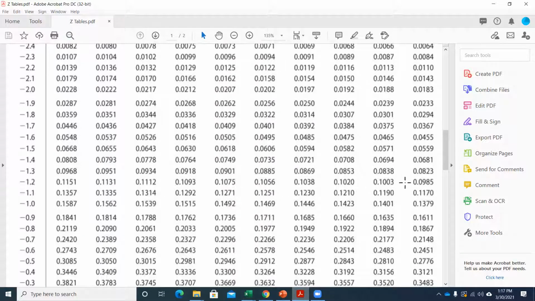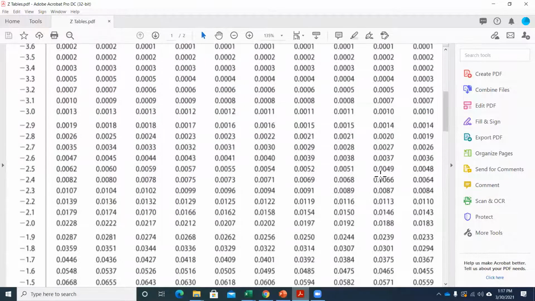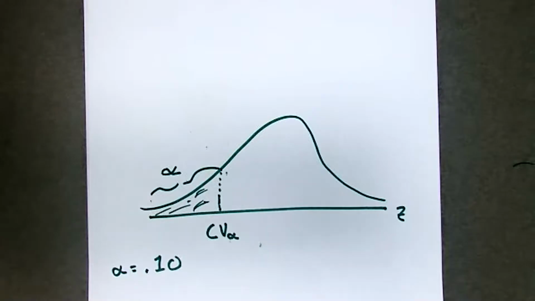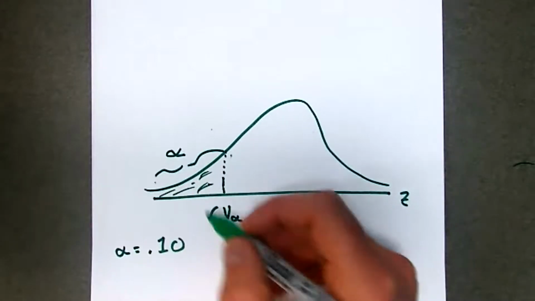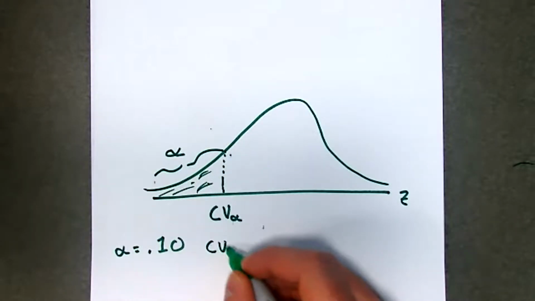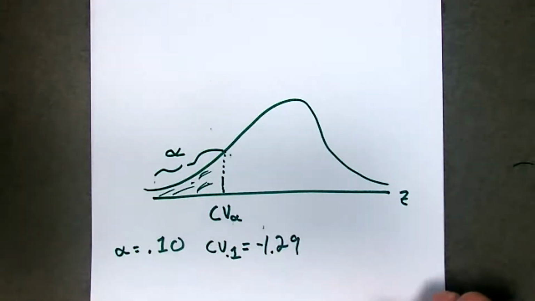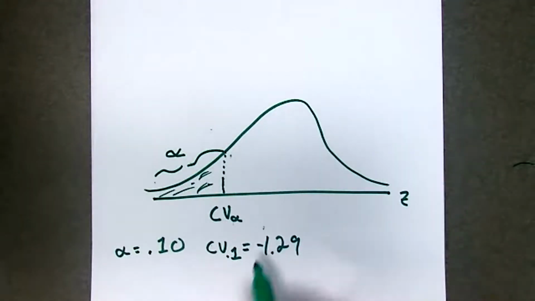It looks like it's in between these two values, negative 1.28 and negative 1.29. Just like with confidence intervals, we'll take the higher of the two. So the critical value that would give me 0.1 in the tail would be negative 1.29. That's how I would look up that critical value.